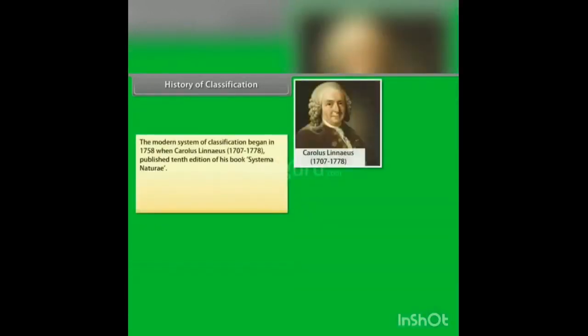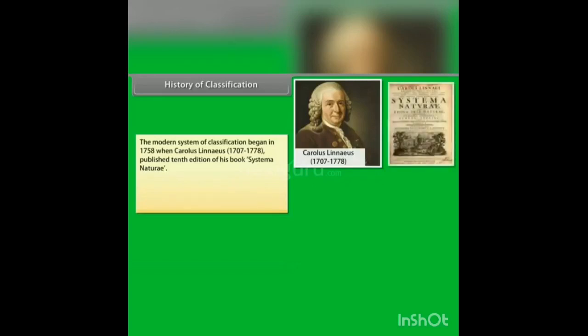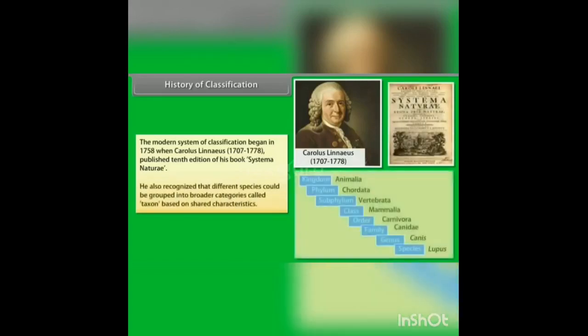The modern system of classification began in 1758 when Carolus Linnaeus, 1707 to 1778, published the 10th edition of his book Systema Naturae. He also recognized that different species could be grouped into broader categories called taxa.